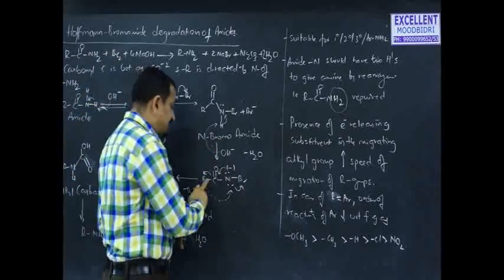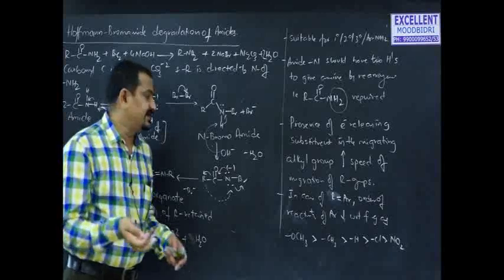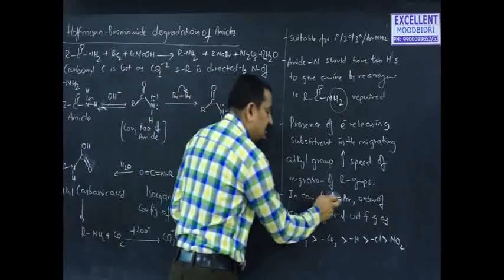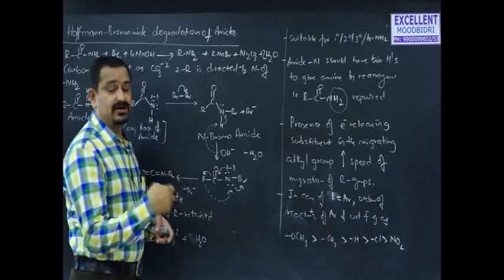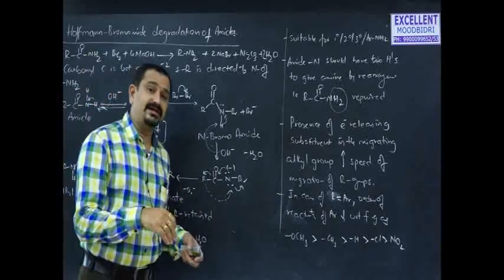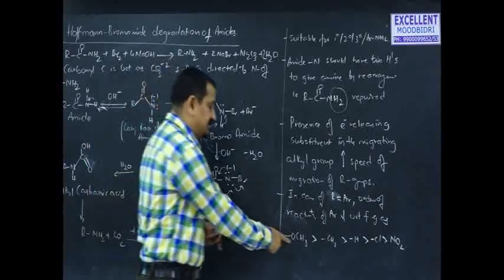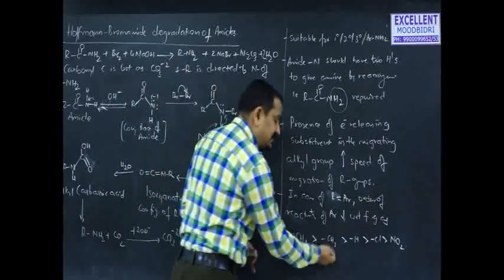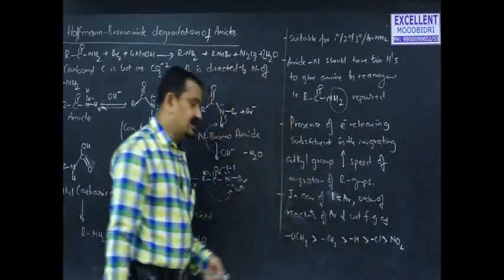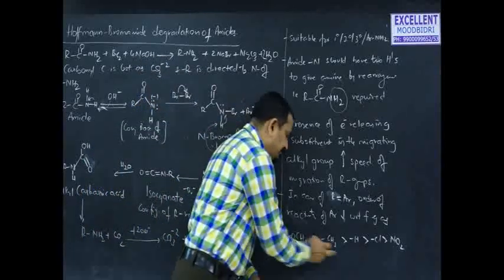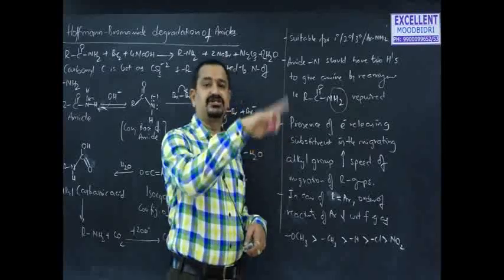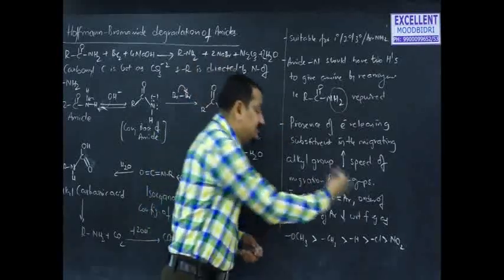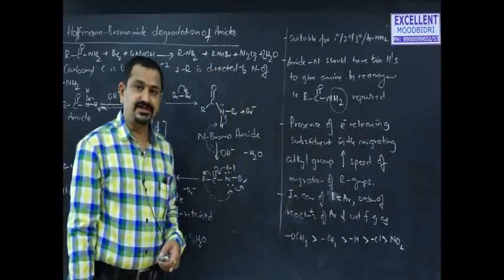Even if in place of this R an aromatic ring is there, the presence of electron releasing groups on the aromatic ring also increases the rate of reaction. Methoxy is more influencing than methyl, than hydrogen, than chlorine, than nitro. You know that these two are electron releasing groups, so they increase the rate of migration of the aromatic ring more than the groups which come later, right.